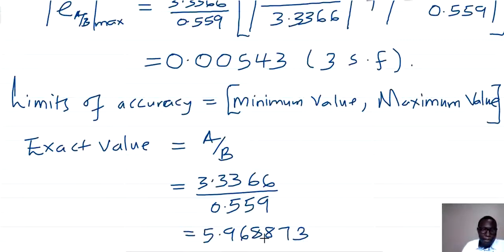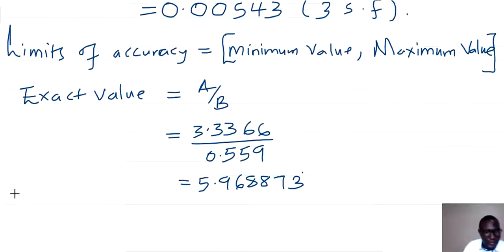Now this exact value is going to be minimized and maximized in order to get the minimum value and the maximum value. Let's start with the minimum value.